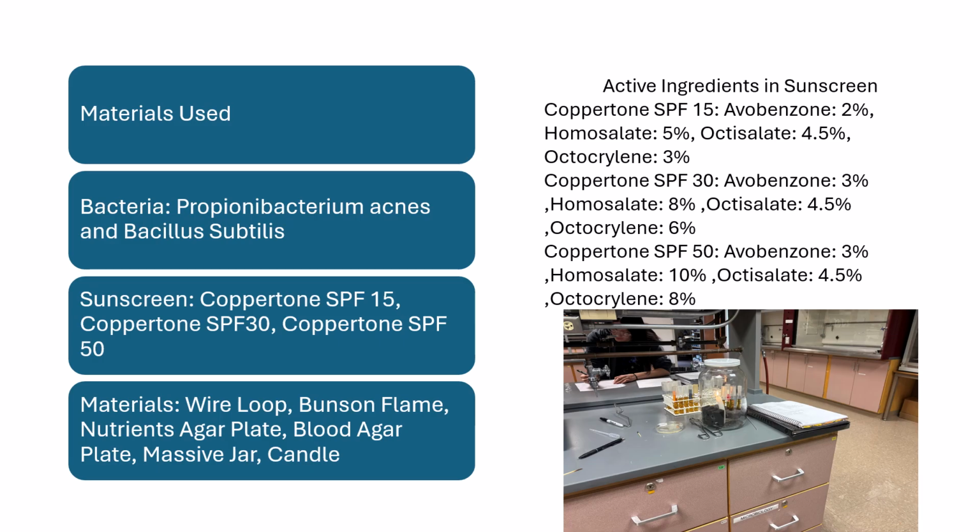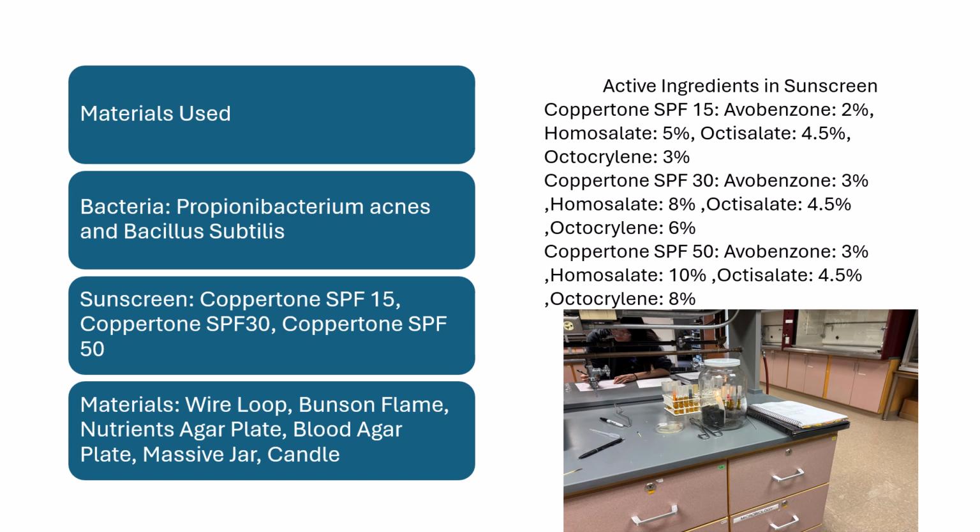And then after that, we get into Coppertone SPF 30, where you see these levels rise just a tad bit. So avobenzone is at 3% now, homosalate is at 8%, octisalate is still at 4.5%, and then octocrylene is at 6% now. And then we upped these percentages even more in Coppertone SPF 50.